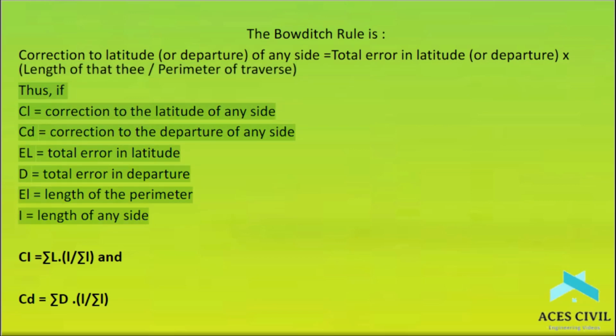Thus, if CL equals correction to the latitude of any side, CD equals correction to the departure of any side, ΣL equals total error in latitude, ΣD equals total error in departure, L equals length of the perimeter, l equals length of any side, CL equals ΣL × l/L, and CD equals ΣD × l/L.